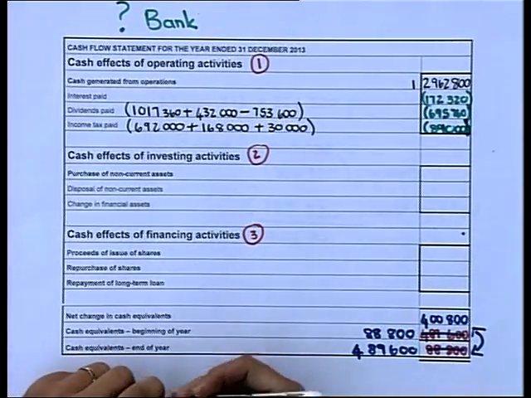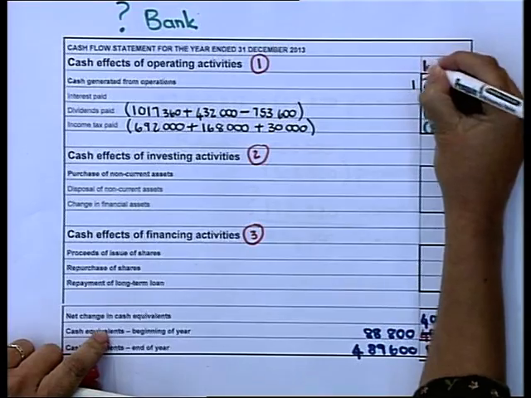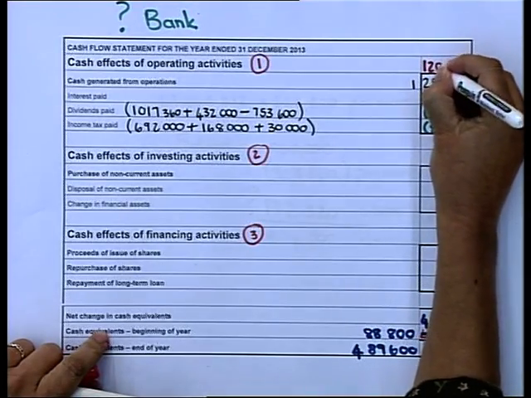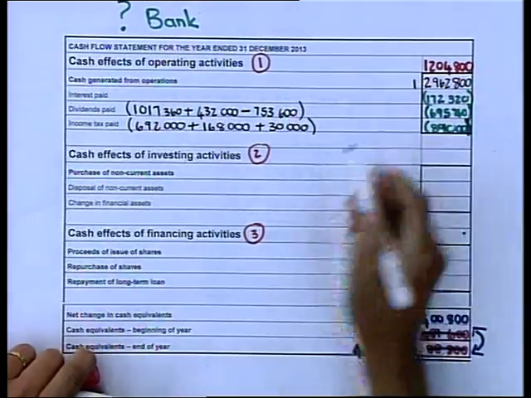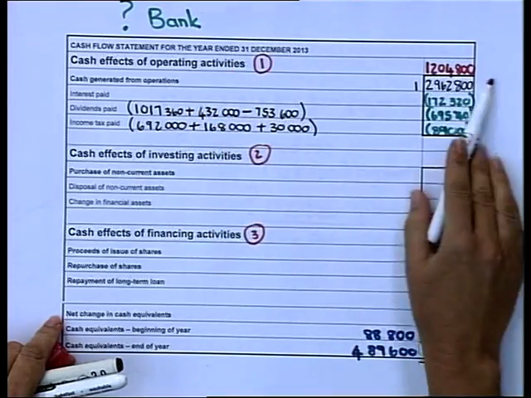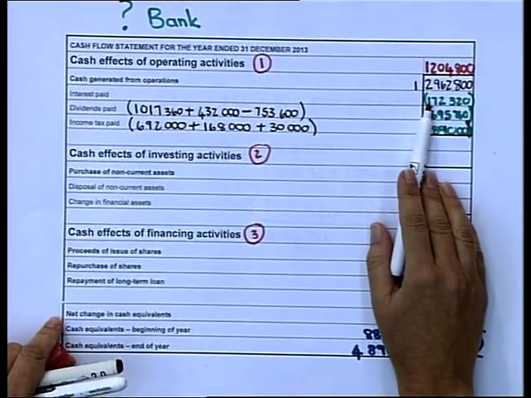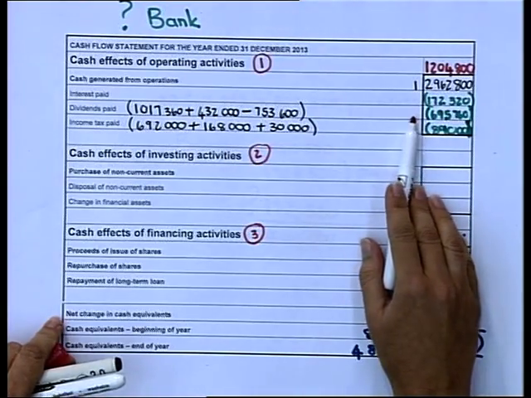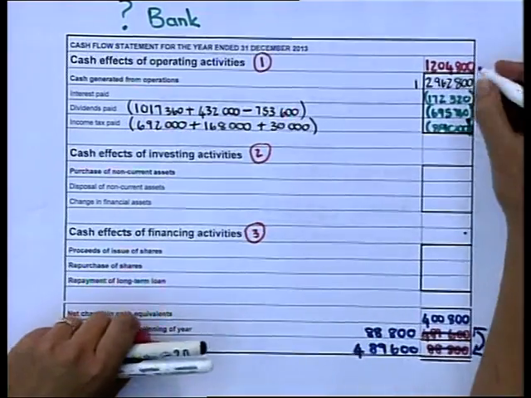Okay, cash outflow for income tax. And that brings me to a total for section 1 of 1,204,800. Cash effects of operating activities, normal activities of the business, after we've paid interest, paid dividends, paid income tax, we're left with 1.2 million.